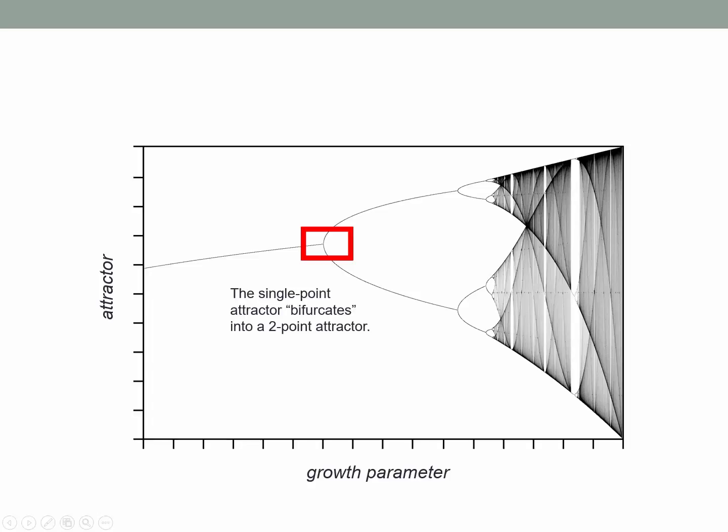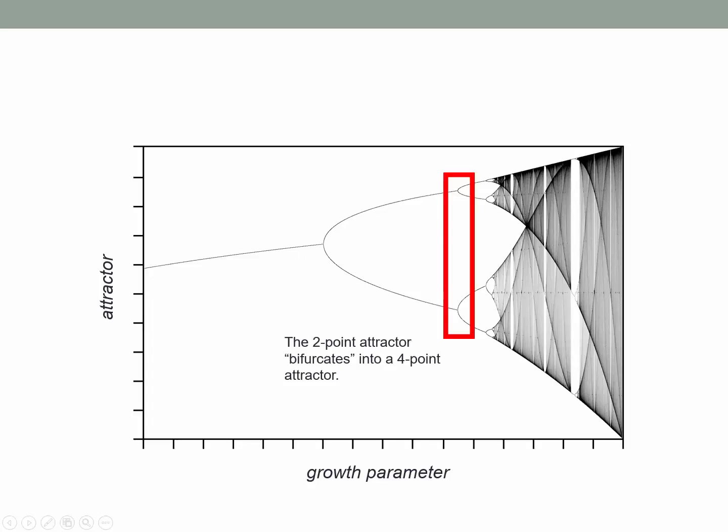So now if you take values of the growth parameter somewhere to the right of the box that I've drawn, you'll see that a vertical line drawn there will cut into this picture twice, right? It'll hit it twice, and that's because those are the 2 attracting points, right? You're being attracted towards this cycle of period 2.